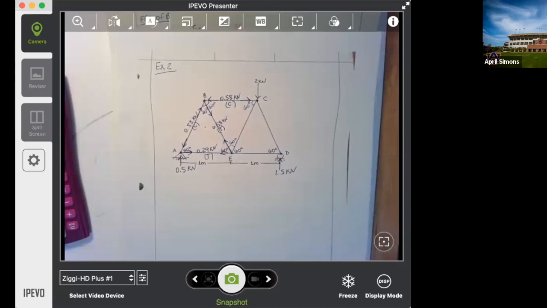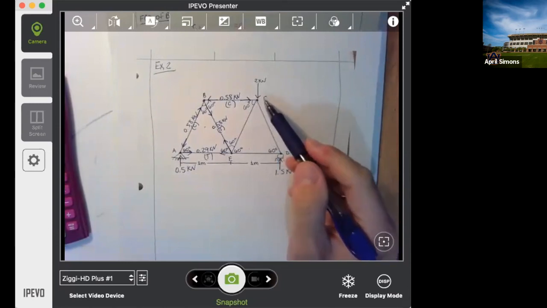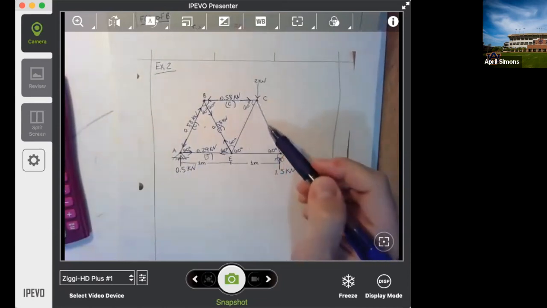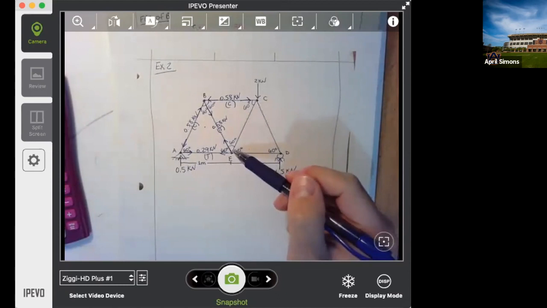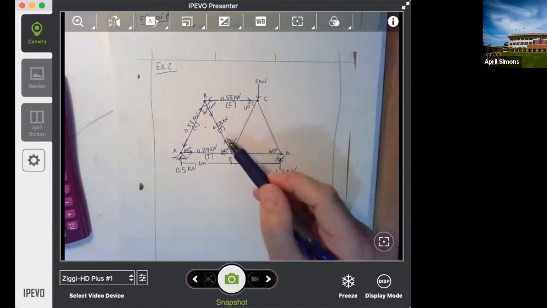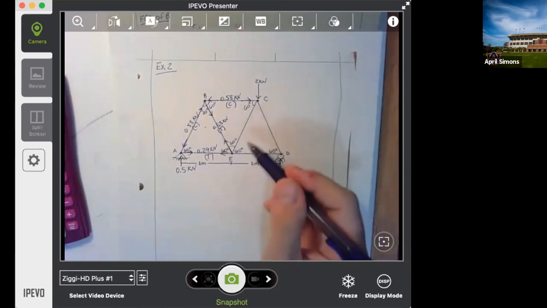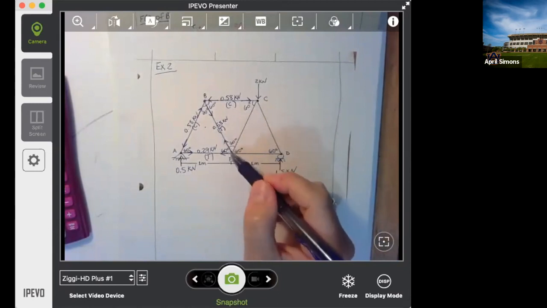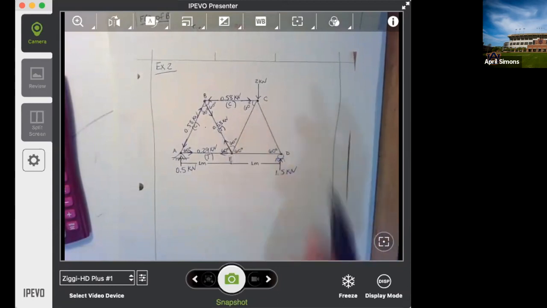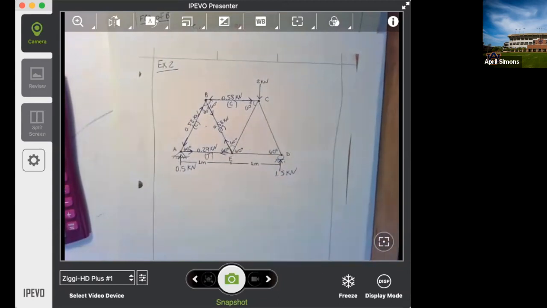Okay, so once we get to this point now, we could go over to joint C. There's 2 unknowns. We could go down to joint E, and there's 2 unknowns. I'm going to go to joint E here, just because this looks symmetrical, okay, but we need to put the numbers to it.